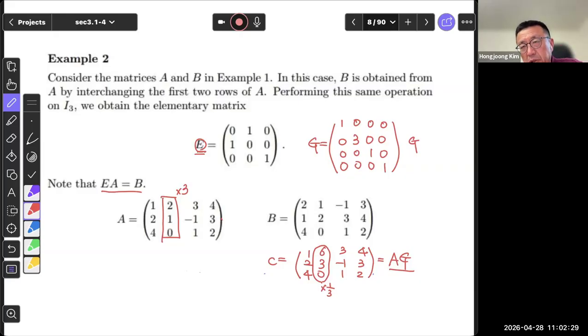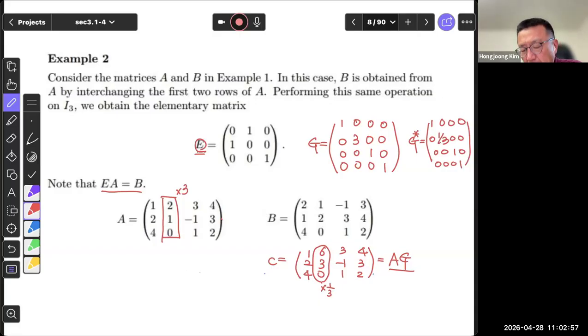But what does that mean? Given the identity matrix, if I consider such elementary column operation, then we can think of some G star, and the corresponding elementary matrix will be 1, 0, 0, 0, 1/3, 0, 0, 0, 1.